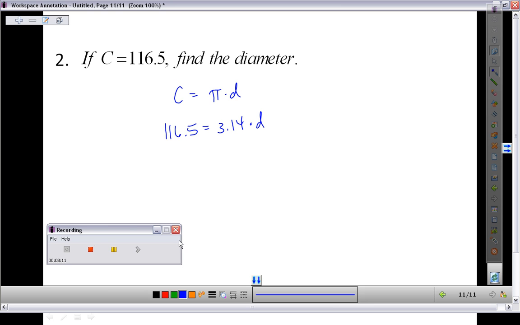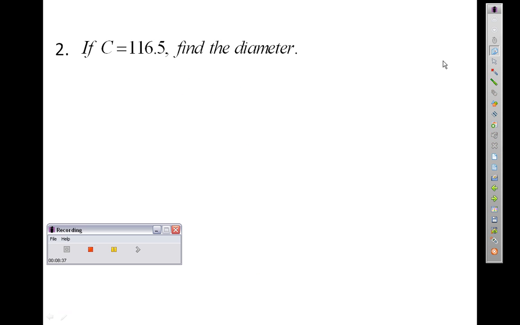Go ahead and divide 3.14 from each side. And I get my diameter equals 37.1. Let's round that to the nearest tenth. So my diameter is 37.1. So again, if we don't have pi in our circumference, it's okay to round, and I'll clarify that before we have a test or quiz.